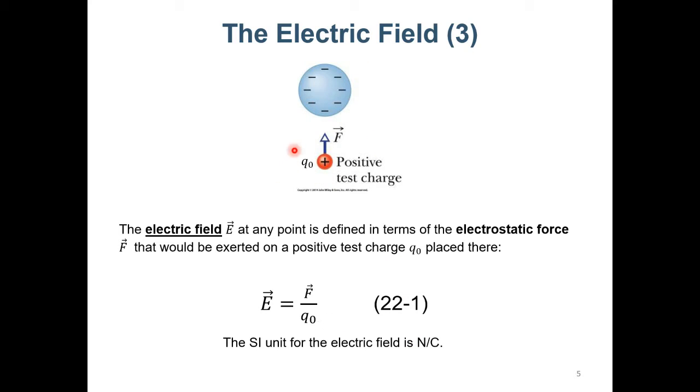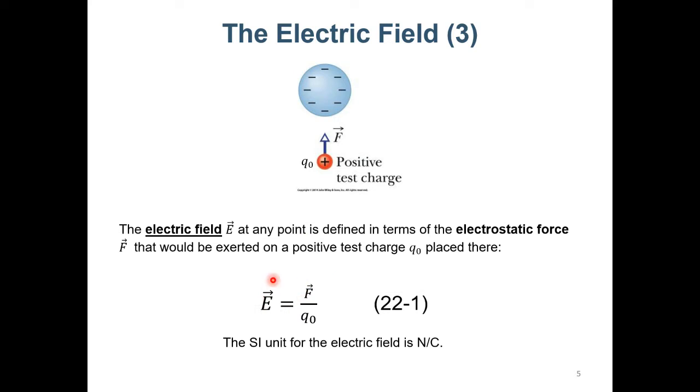Here we need to care that Q0 is positive, so when we calculate the Coulomb's force, it is also positive. And if Q0 is negative, F will be negative and divided by negative, so it is still positive. And if Q0 is larger, F is also larger, but they will cancel each other.